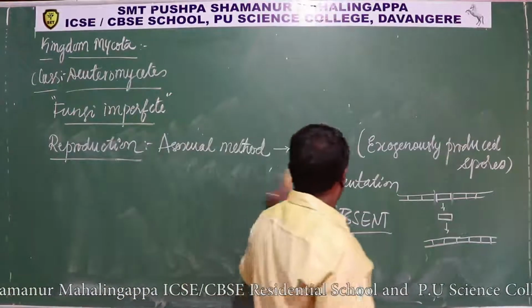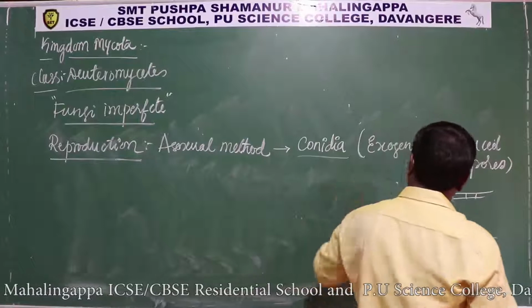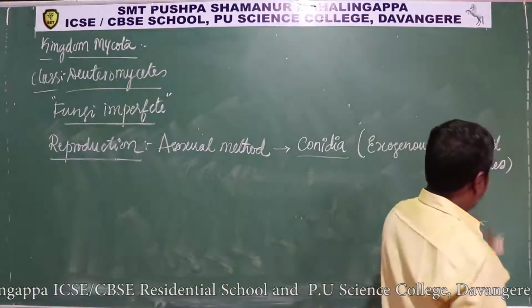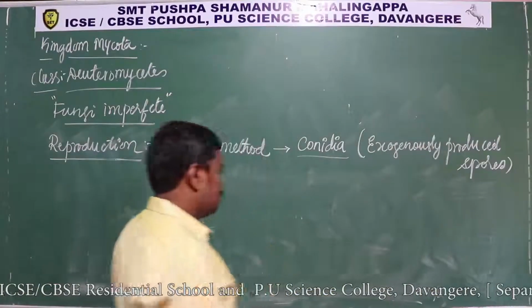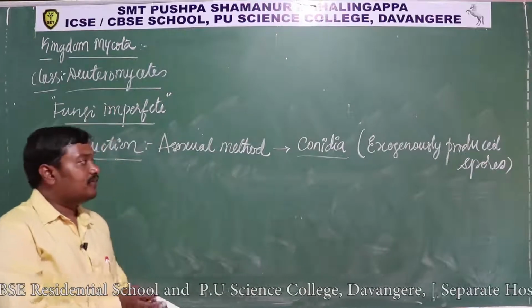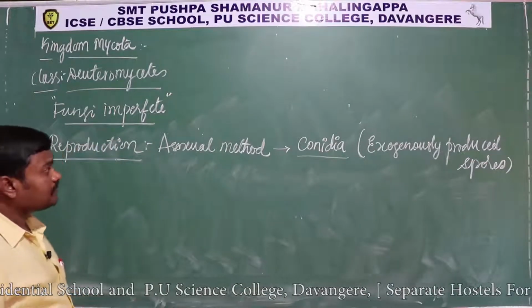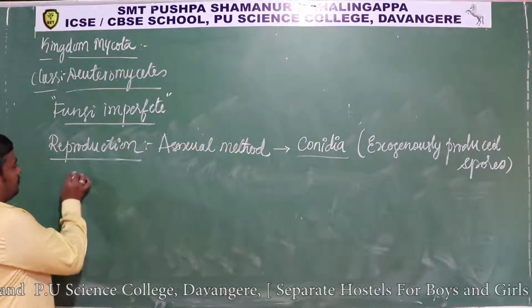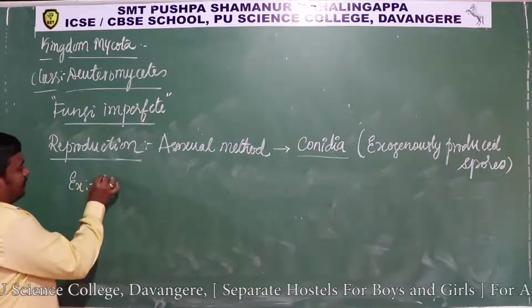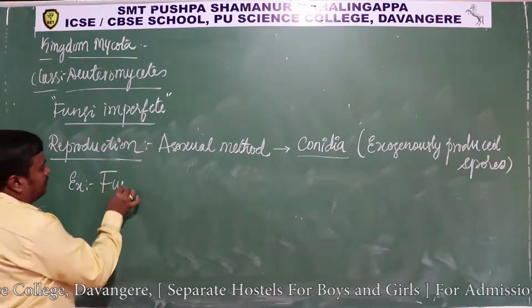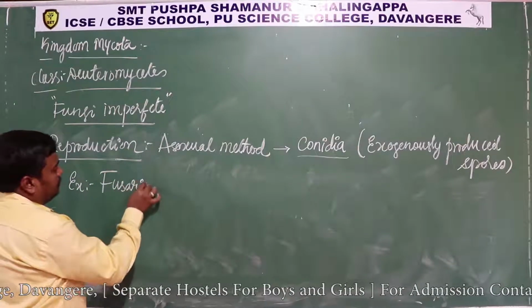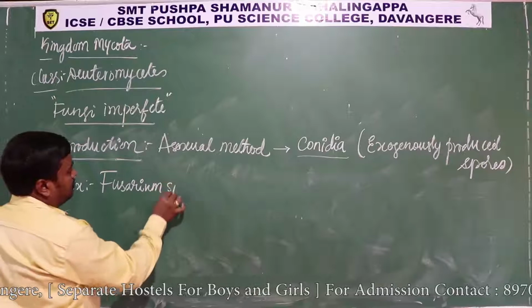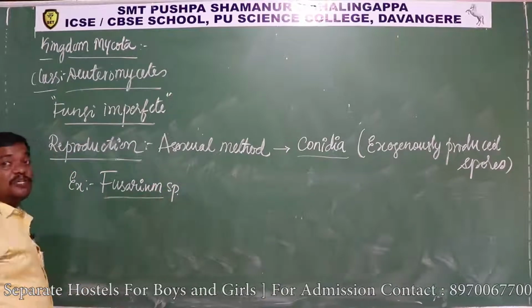Then let's come to the problem related to sexual and asexual reproduction and how they shift the fungi into different classes. Let me take one example for that. So there is a fungus called Fusarium species.